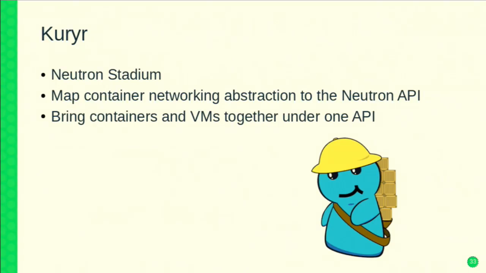The main idea, and I really stress the API, is to be able to control the networking for containers using the same Neutron API. Before Kuryr existed, people were already developing side APIs to handle containers, and this project really brought containers and VMs together under the same Neutron API.